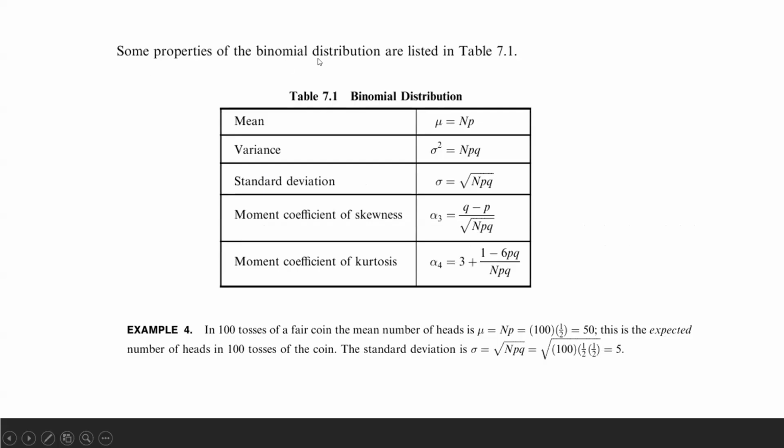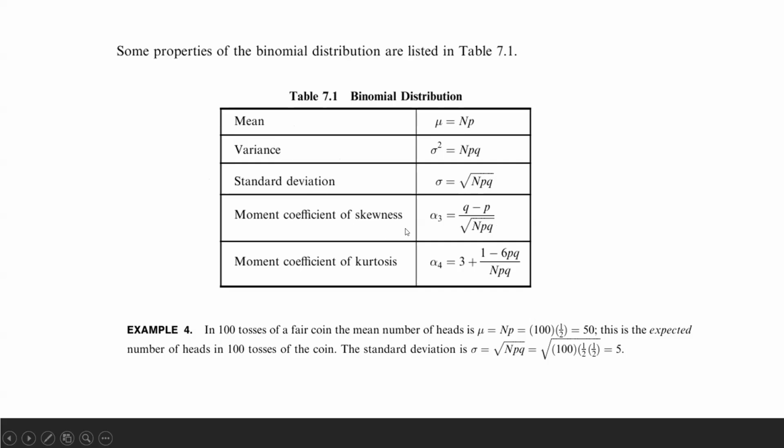Some properties of binomial distributions are listed in this table. In binomial distributions, we also use mean, variance, and standard deviation. In your final exam paper, you have to calculate some parameters such as mean, variance, standard deviation.